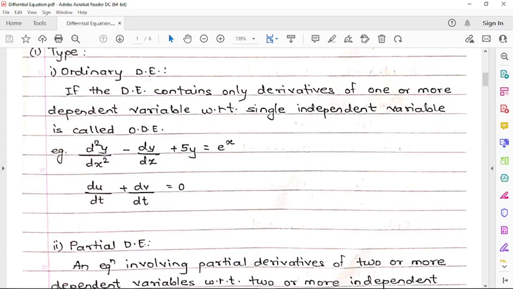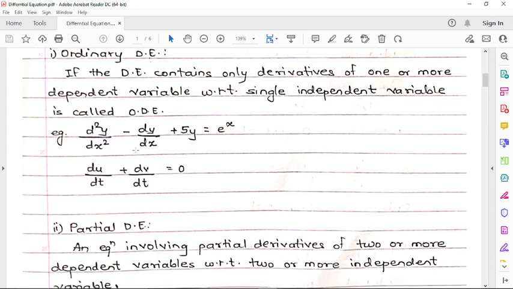Here y is the dependent variable. How many dependent variables are present? Only one. And which is the independent variable? x is the independent variable. How many independent variables are present? Only one, that is x. Therefore, this equation is called an ordinary differential equation.